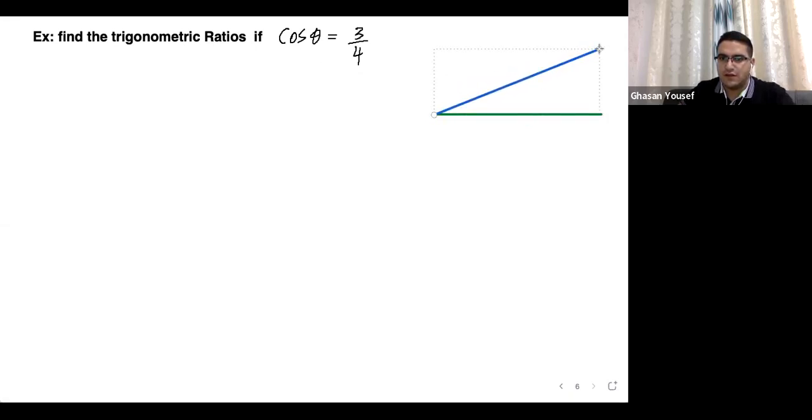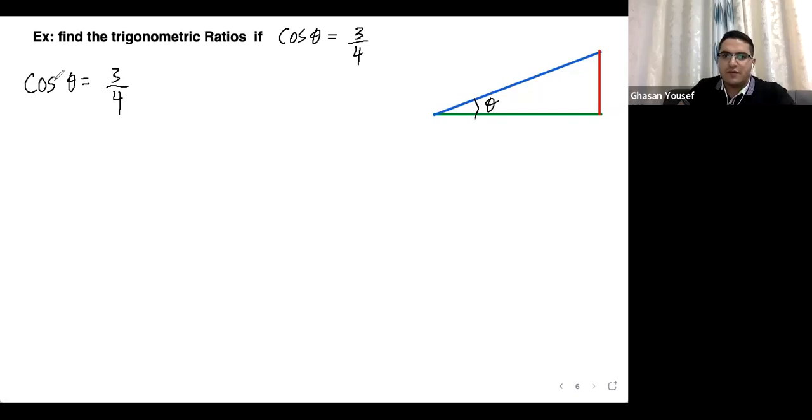And you have to label the angle. So the angle here is theta. This is my theta. The cosine of theta equals 3/4.